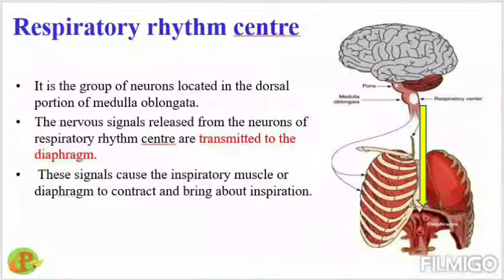The signal from this center transmits to the diaphragm and helps it to contract. Now students, remember what will happen when the diaphragm contracts? Definitely it will lead to inspiration. So this inspiration that is occurring due to the contraction of the diaphragm is regulated by the respiratory rhythm center.